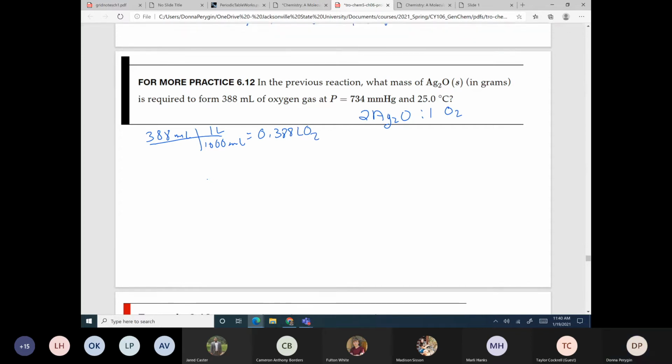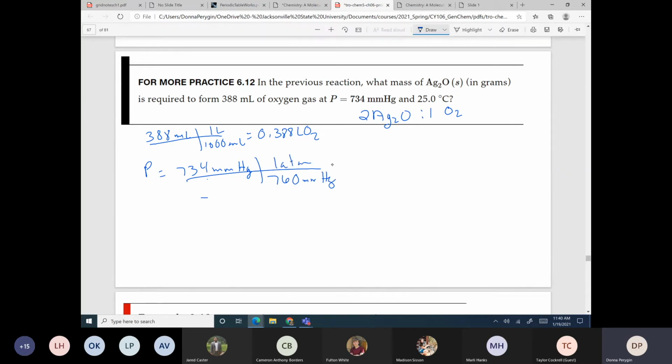Okay, our pressure is equal to 734 millimeters of mercury. So 760 millimeters of mercury is 1 atmosphere, and that's equal to 0.965789 atmospheres of O2. Okay, that's the pressure of oxygen.